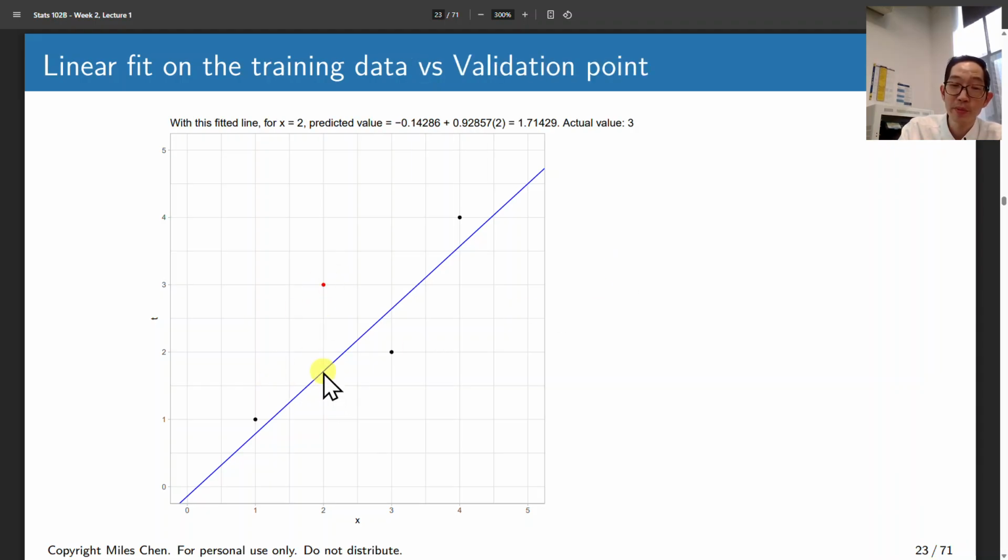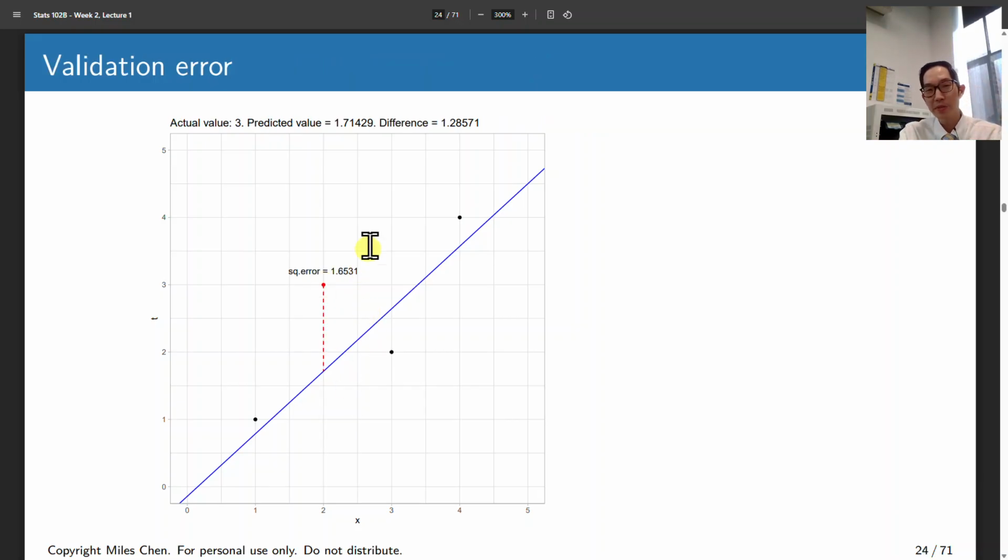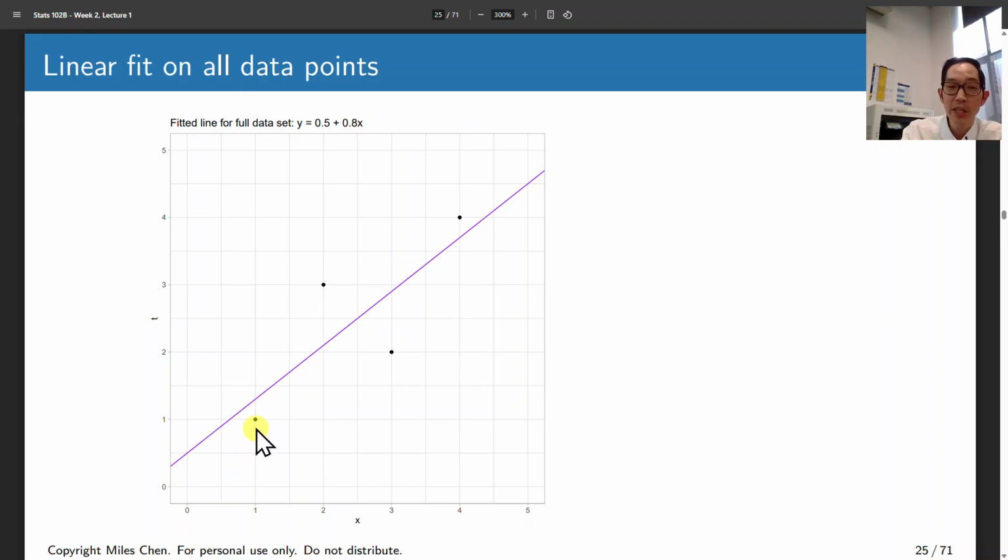Then we say, okay, what do we predict if x equals 2? And the actual value is 3. So this difference is 1.28571, and we square it, 1.6531. There's some symmetry here just because it's such a simple data set. And then finally, the 4th observation will be left out.